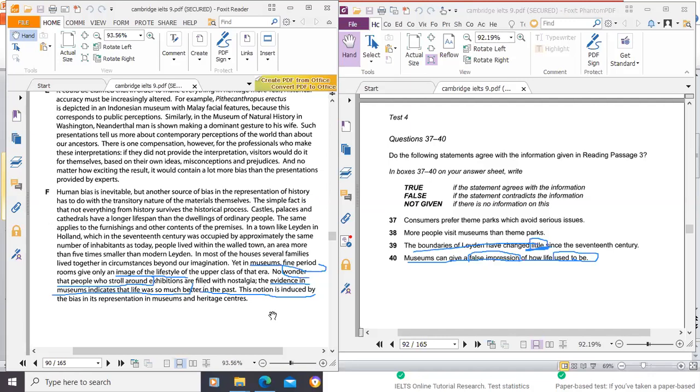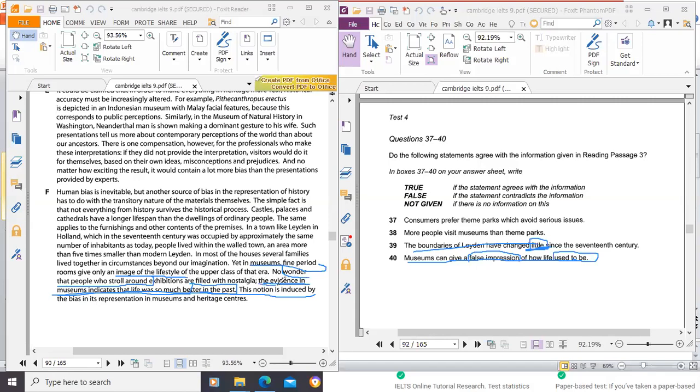Museums can give a false impression of how life used to be. I think we read something like that towards the end of the comprehension, a few lines before the end. It says the evidence in the museum indicates that life was much better in the past. They are talking about the nostalgic feelings people have in going for exhibitions.